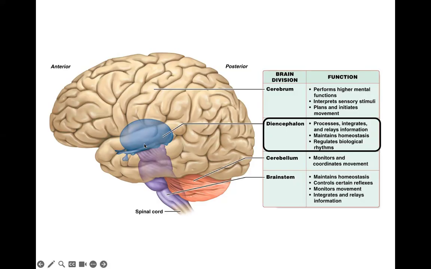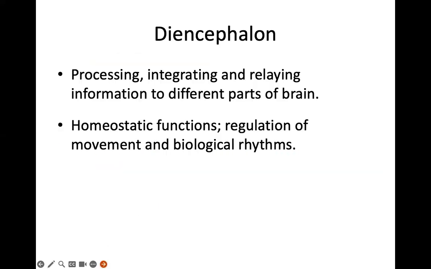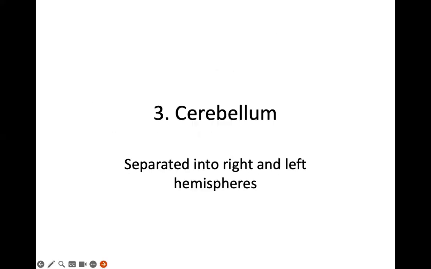Let's find out those homeostatic functions. Biological rhythms, regulation of movement, like diurnal rhythm. We wake up in the morning, go to sleep at night. These rhythms are maintained by the diencephalon, as well as maintenance of temperature and other homeostasis.